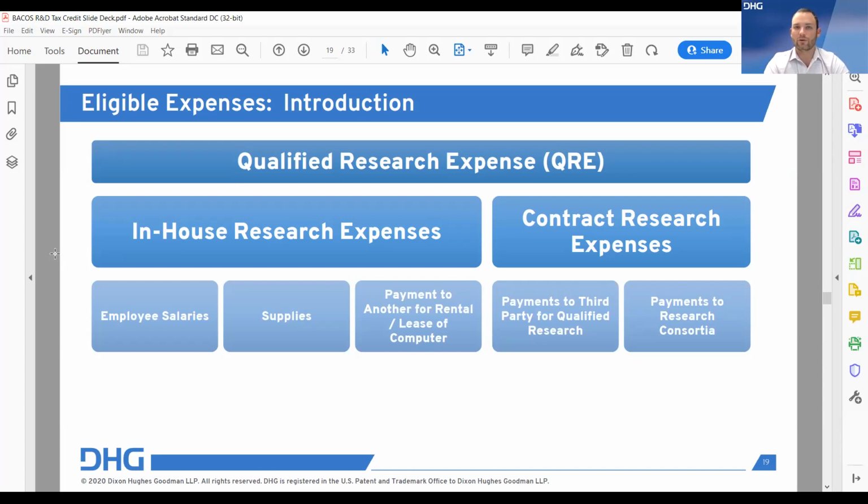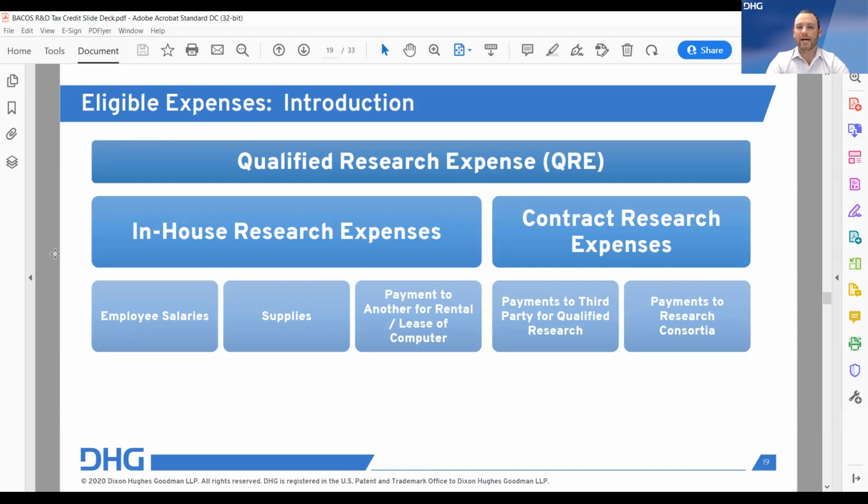That can also qualify. And in the same category, if you're making payments to what's called a qualified research consortia, so basically a nonprofit doing joint research, or you're making contributions to them to help find and develop new products and find solutions, those can also qualify as well.